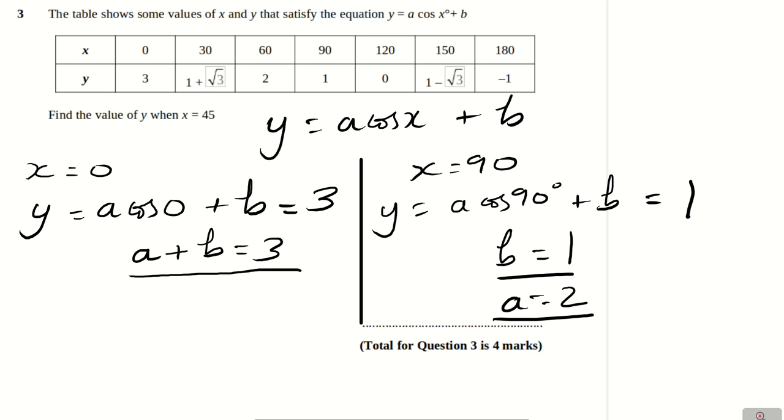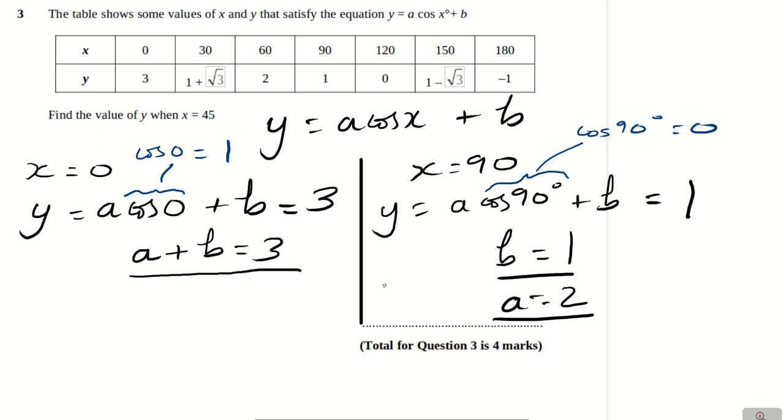So I'll just write a note here. Cos of 90 equals 0, and here cos of 0 equals 1.